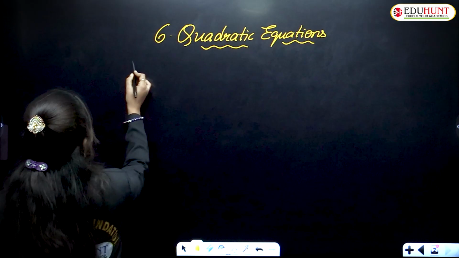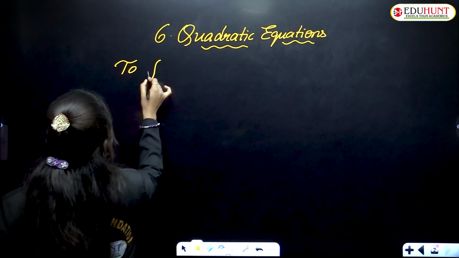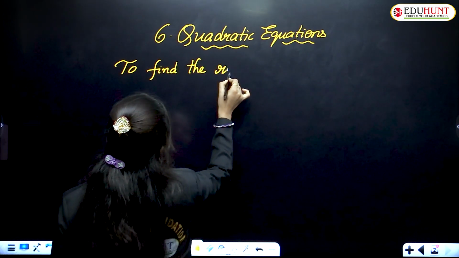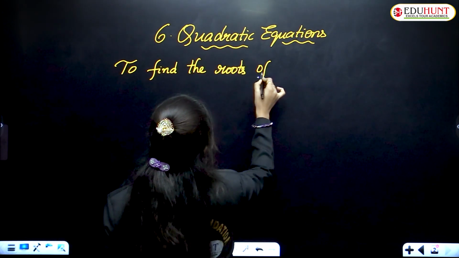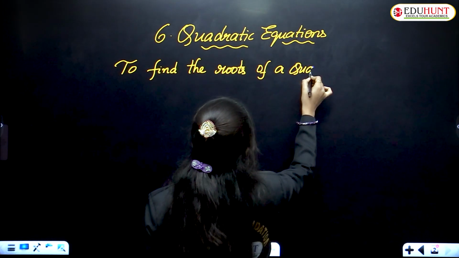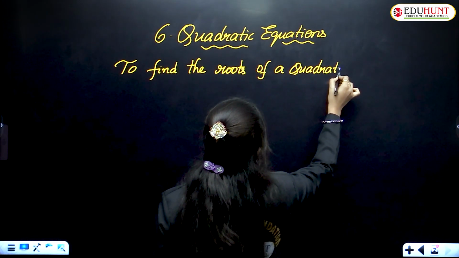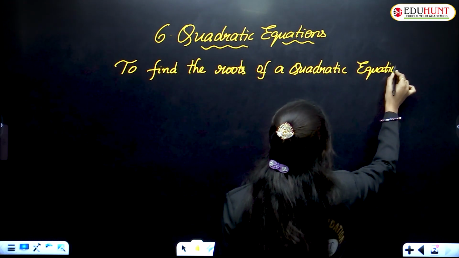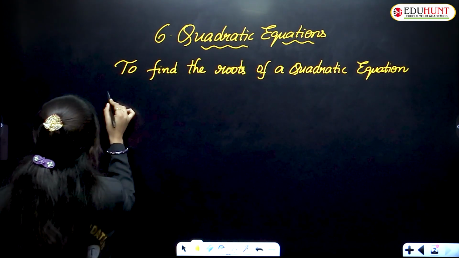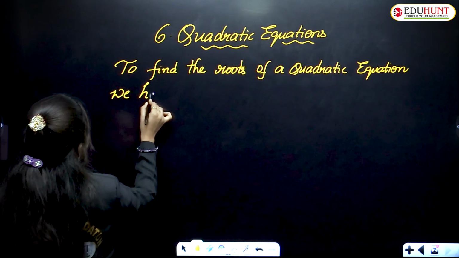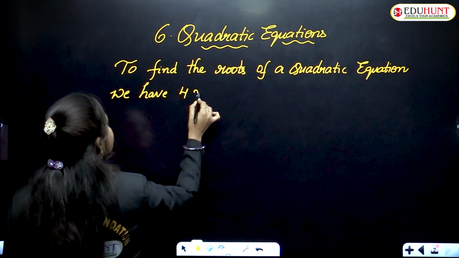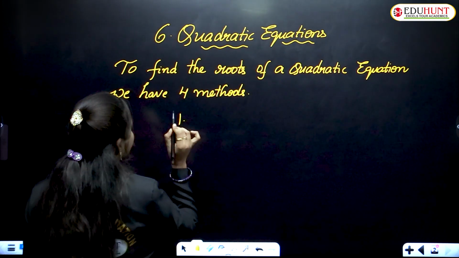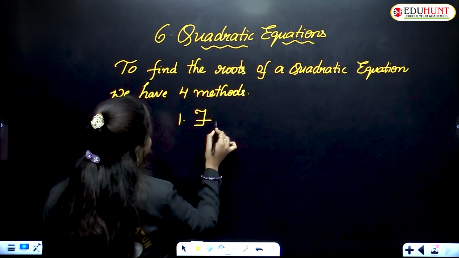So see here, to find the roots of a quadratic equation, we have 4 methods. The first one is the factorization method.